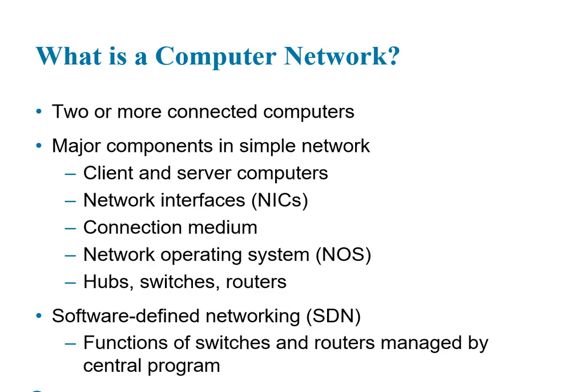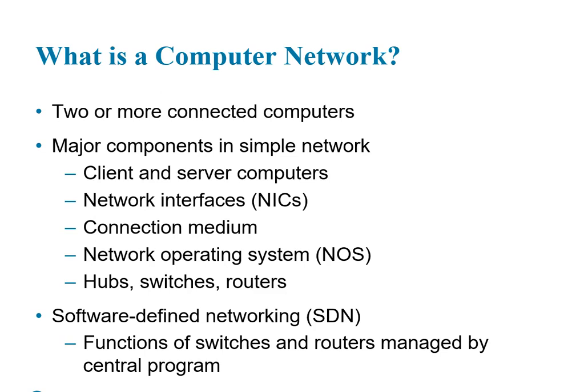Then you have your hubs. Those are simple devices that connect network components by sending packets of data to all other connected devices. There's the switch, which is a little bit more sophisticated than a hub. It can actually filter and forward data to a specific destination on the network.